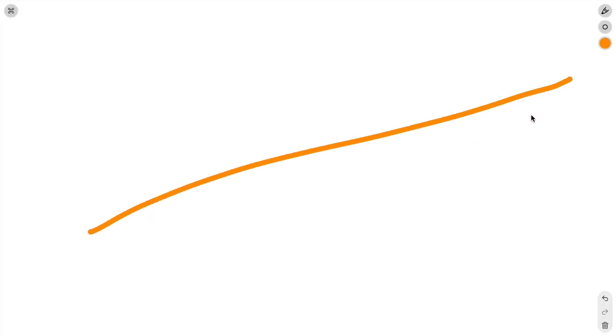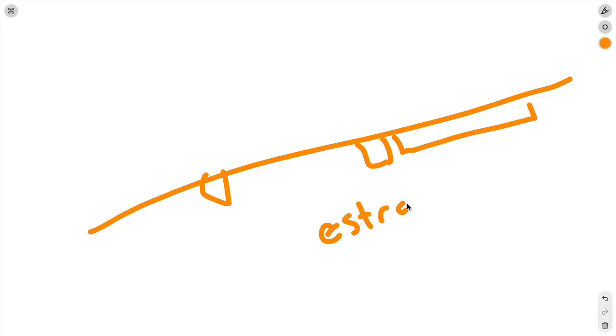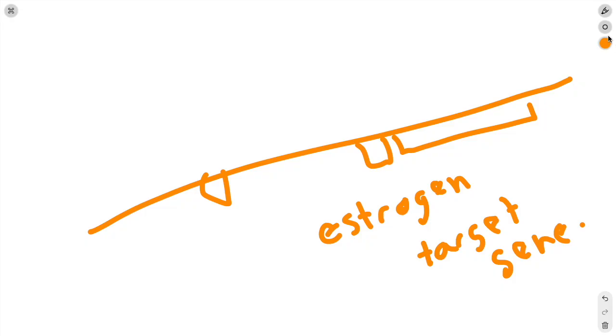So now, here's a gene, and we would just call this one of many estrogen target genes. Hundreds of target genes. And this is an enhancer right here, right?